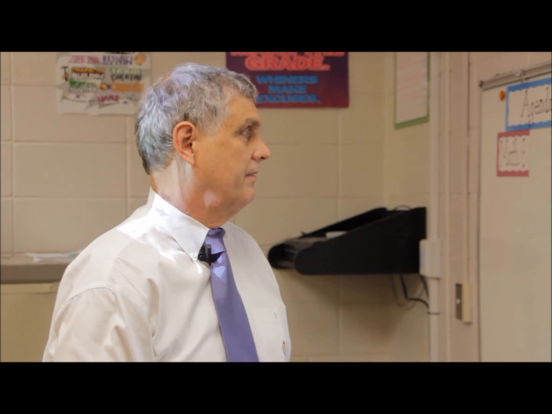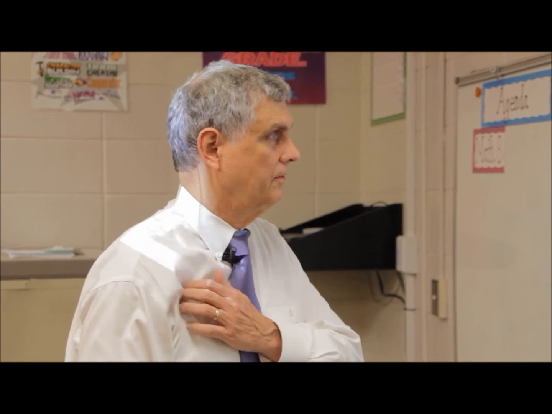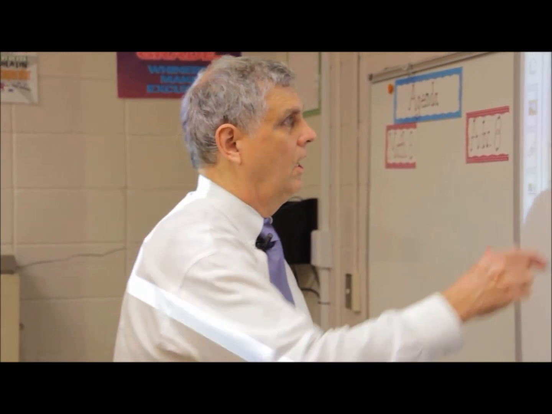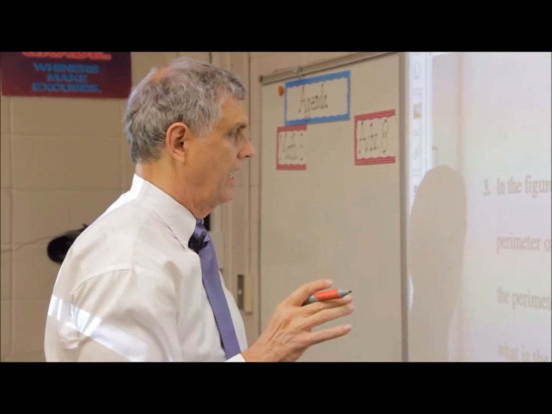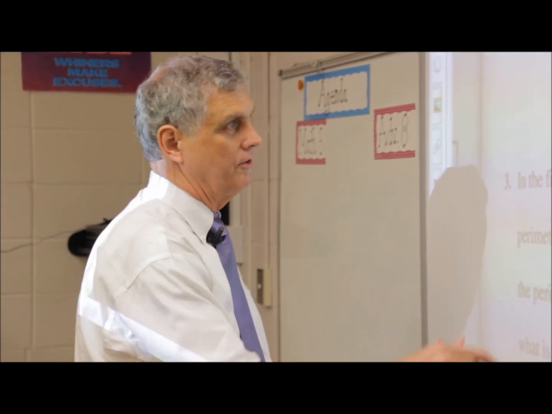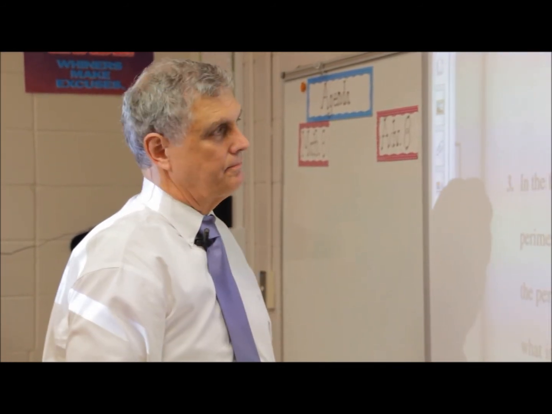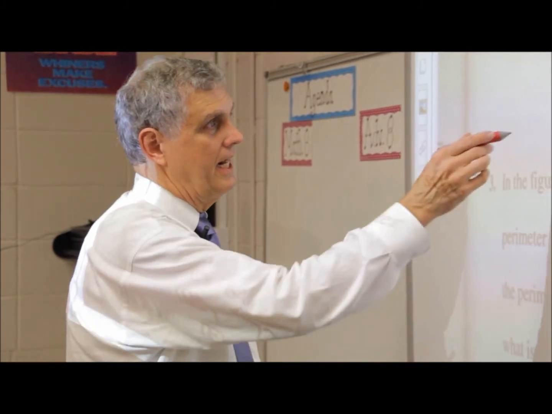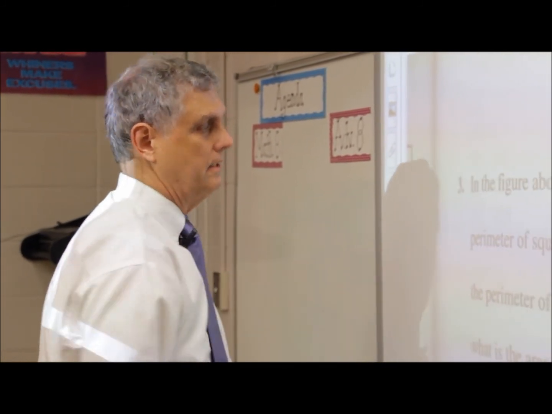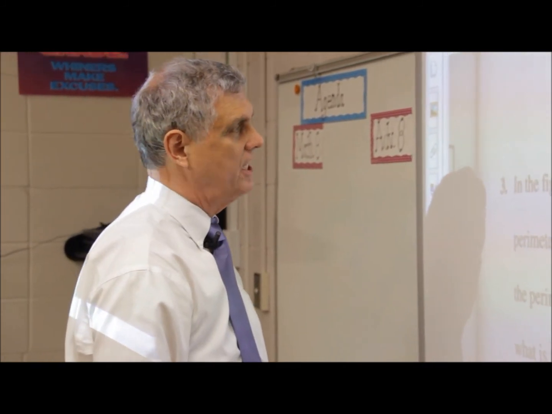Now, they've given this a 3, so it's supposed to be simple. And hopefully you'll think it's simple when we take a look at it here. Okay, we know they're squares, so we know all the sides are equal. And they've already told us that the area of this square right here, A, is 16.